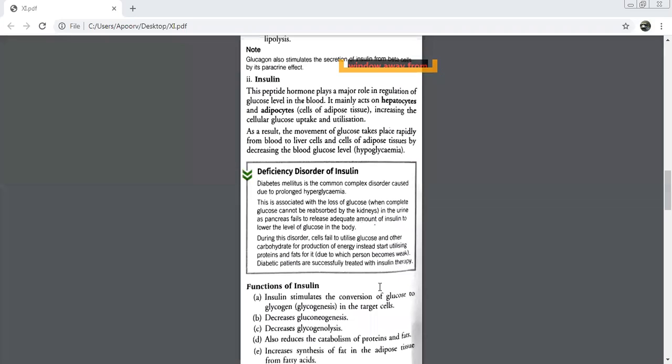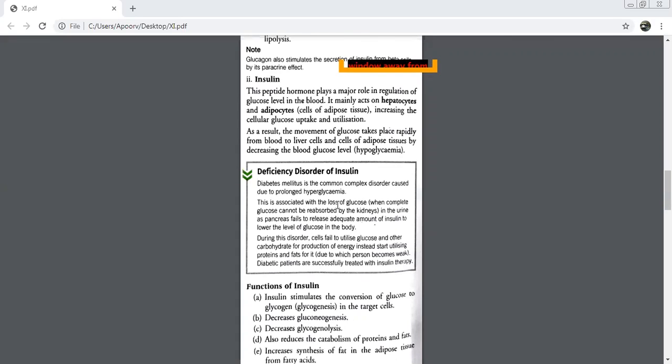So we have done a sufficient amount of this. Now the deficiency disorder of insulin: diabetes mellitus. This is a common complex disorder caused due to prolonged hyperglycemia. Sometimes hyperglycemic condition comes for 1 day, 24 hours, because you've eaten something in excess. Then we don't call it diabetes mellitus.